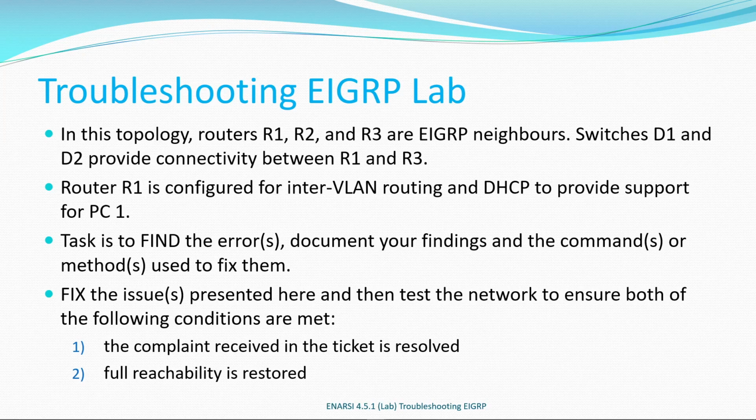So this one is Troubleshooting EIGRP Lab. This will be a series of 3 troubleshooting ticket videos, and we have a basic topology of 3 routers running EIGRP, and routers 1 and 3 are interconnected via 2 switches.